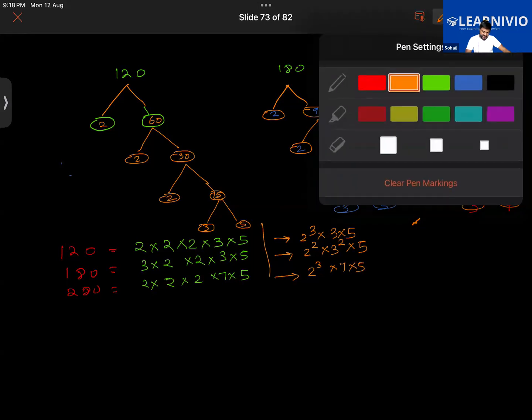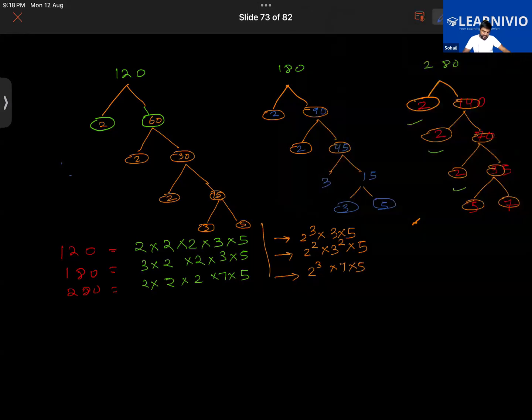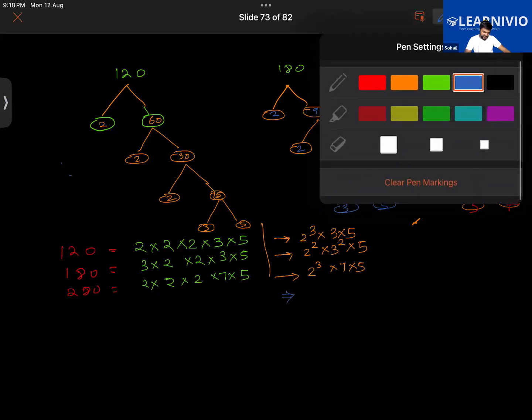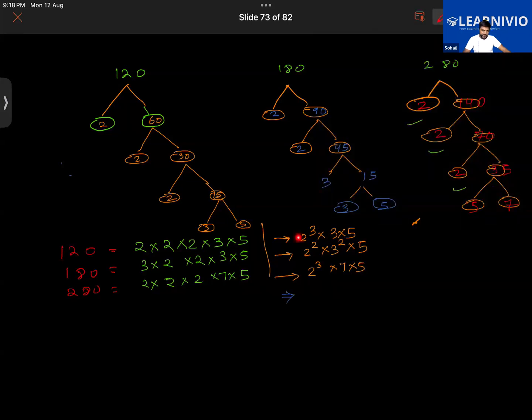Now, as per the rule, you have to take the number with the highest power, or the number that is repeated the maximum number of times. So for the 2, should I take 2 square or 2 cube? 2 square. So pay attention over here.